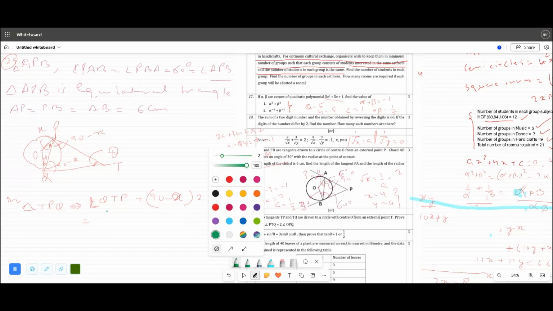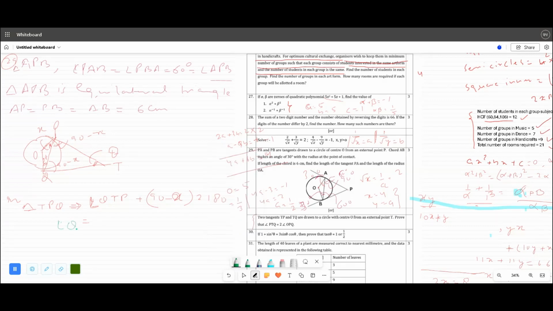Right. So that means angle QTP, this angle, is equal to 180 minus 180 plus 2x, when this goes to this side it becomes 2x.